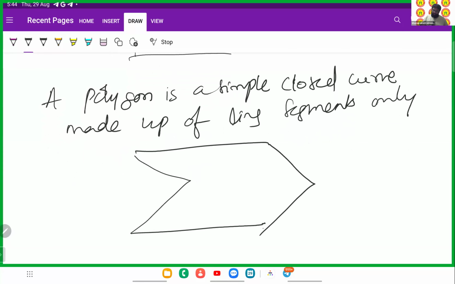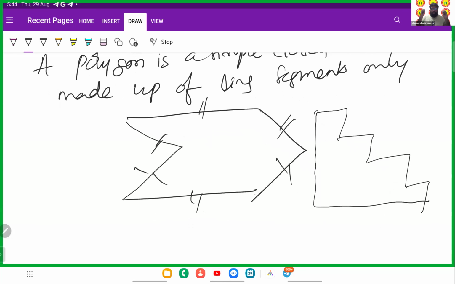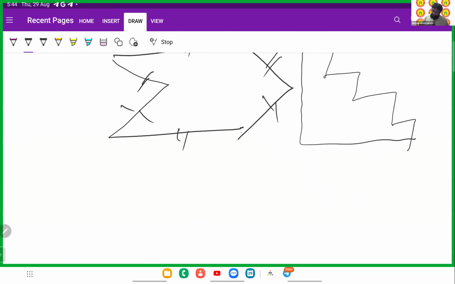See, this is a line segment, this is a line segment, and so on. Again, I can draw this way also. This is also one polygon. So a polygon is a simple closed surface or closed curve made up of line segments.